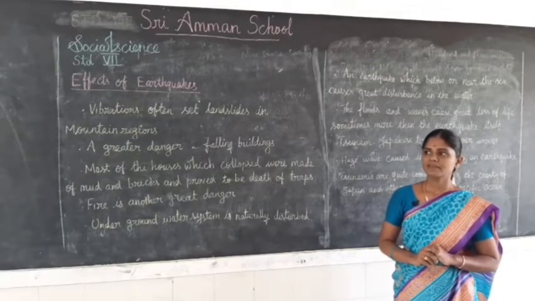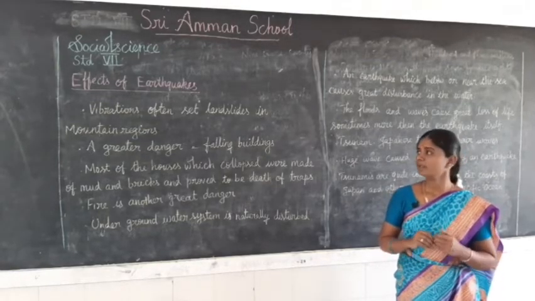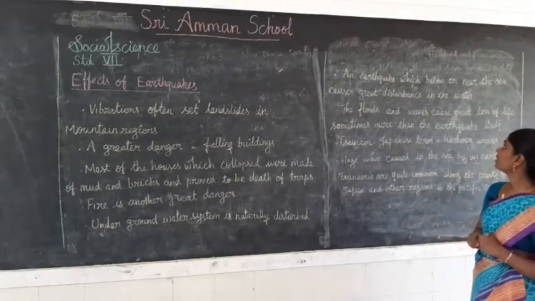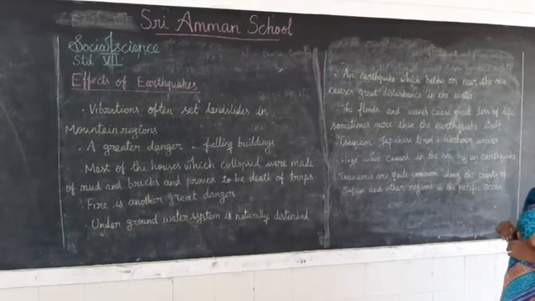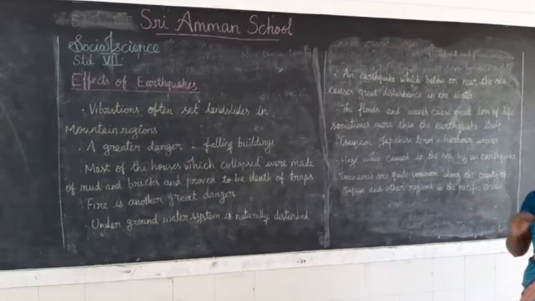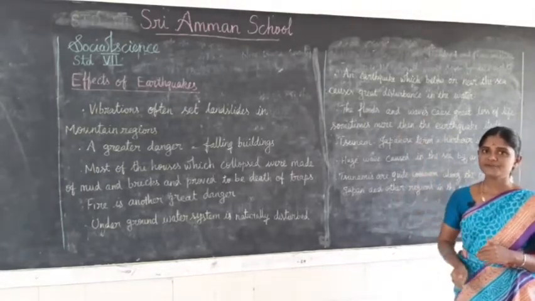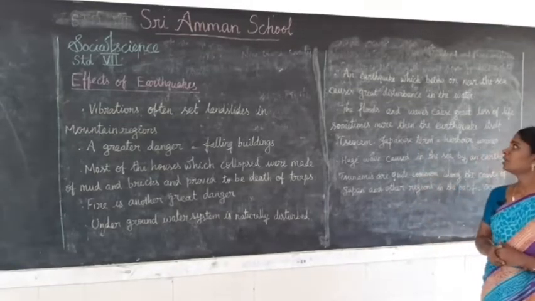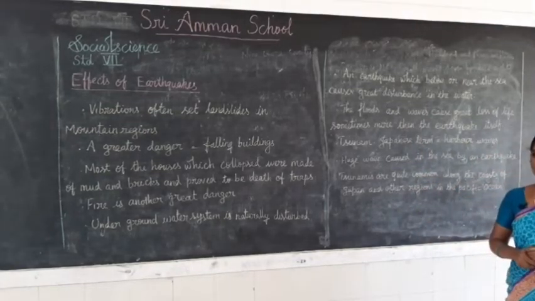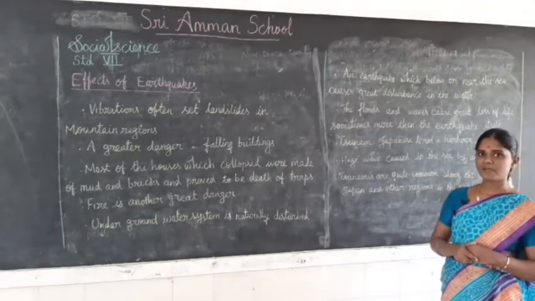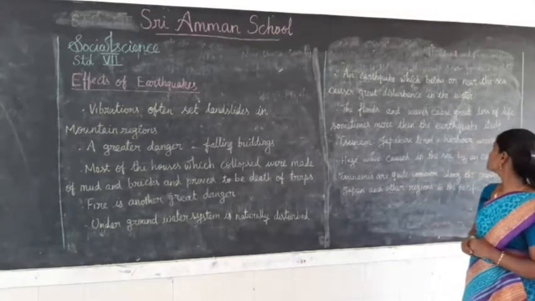So, the earthquake movement on the sea floor, or below the sea floor, or near the sea, causes huge and large waves. It is another most dangerous wave.